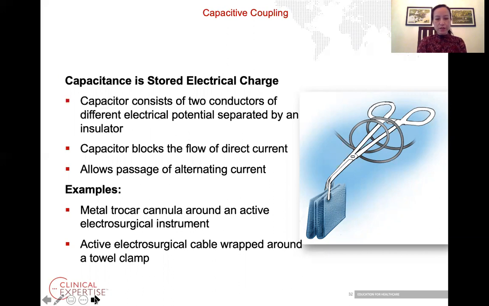The charge is then stored in the capacitor until either the generator is deactivated or a pathway to complete the circuit is achieved. Potential sources for capacitive coupling include a metal trocar cannula around an active electrosurgical instrument, an active electrosurgical cable wrapped around a metal towel clamp, and a metal total hip prosthesis.